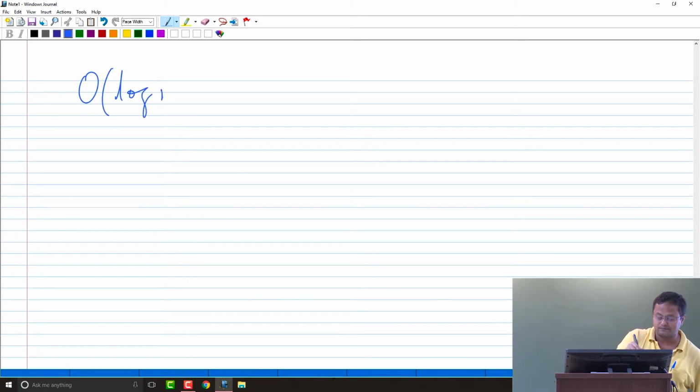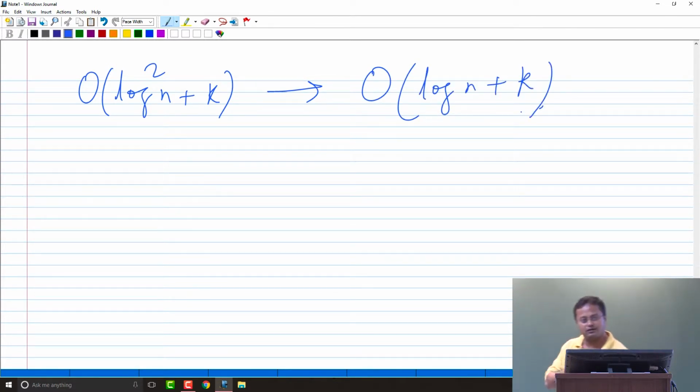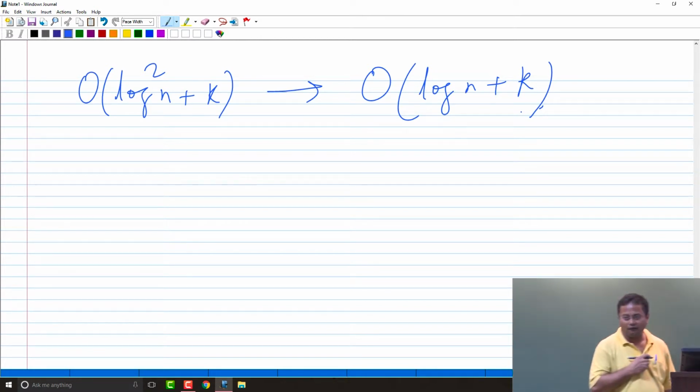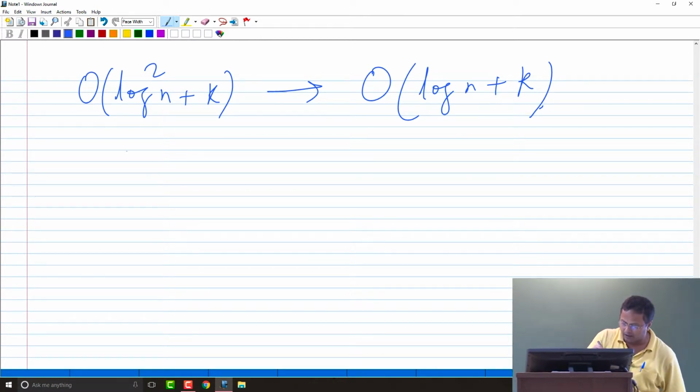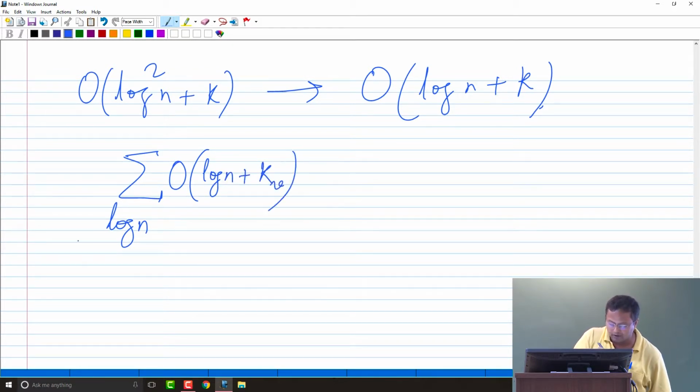Anyway, yes. So, my goal is to get from this to this. How do I do it? Notice how I obtained this log squared n plus k: I did a summation over log n terms where I had inside a log n plus some k.